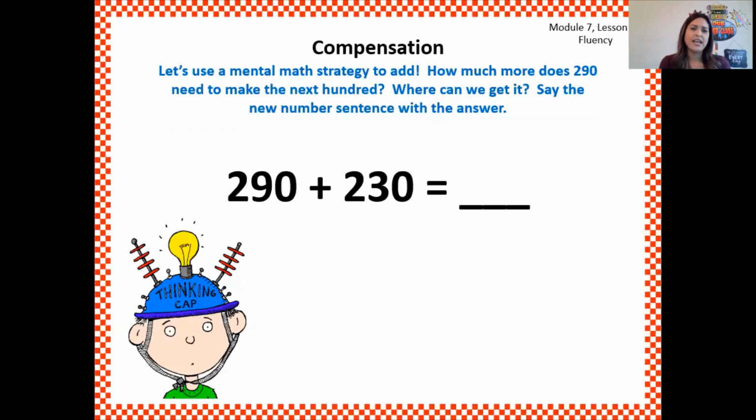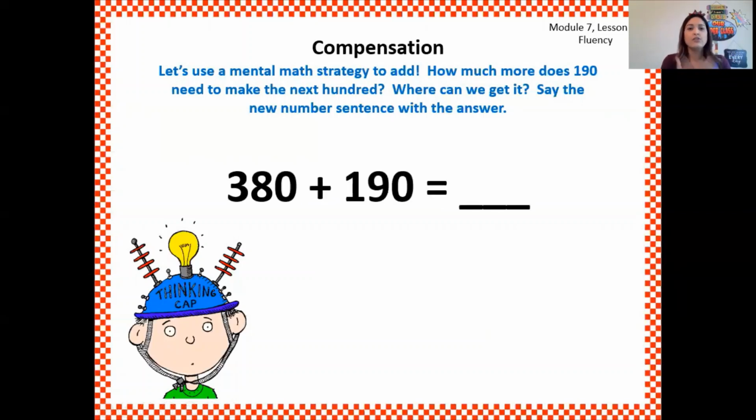And if we give those 10 to 290, what does that one have now? 300. So the new number sentence would be 300 plus 220 equals 520. Very good. Now remember, if you can't do it in your brain, like I'm doing it here, you can make your number bonds if you need to.